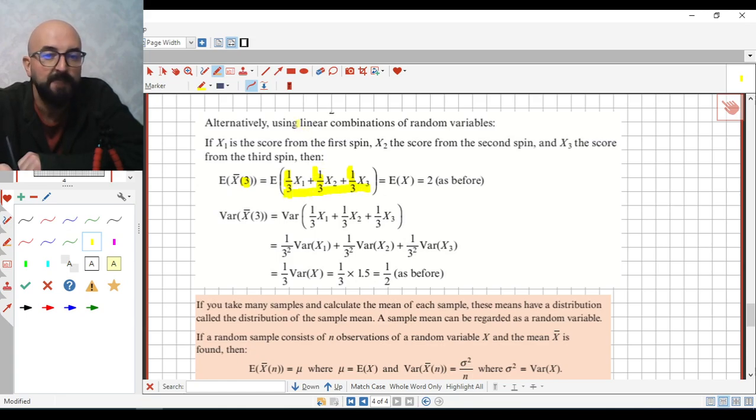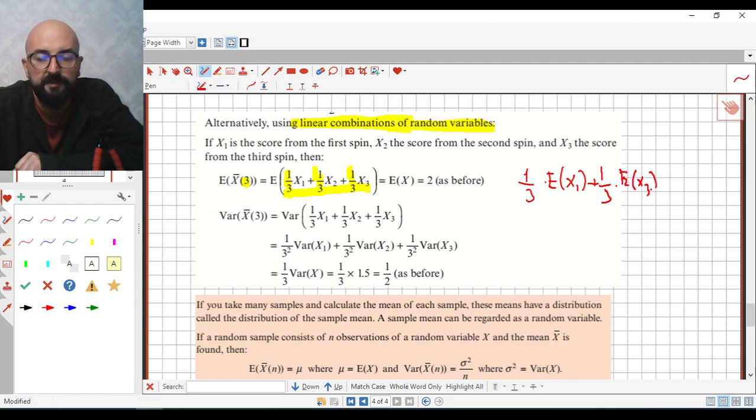And please remember the previous topic, linear combination of random variables. We can write here 1 over 3 multiplied by the expectation of x1, plus 1 over 3 multiplied by the expectation of x2, plus 1 over 3 multiplied by the expectation of x3.